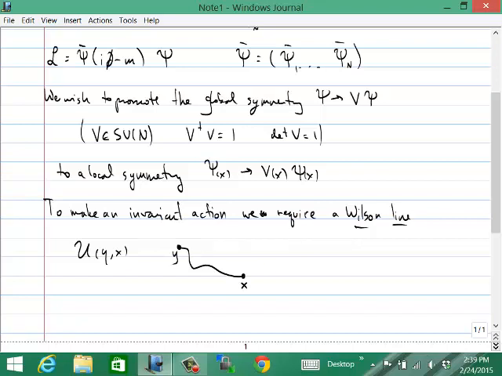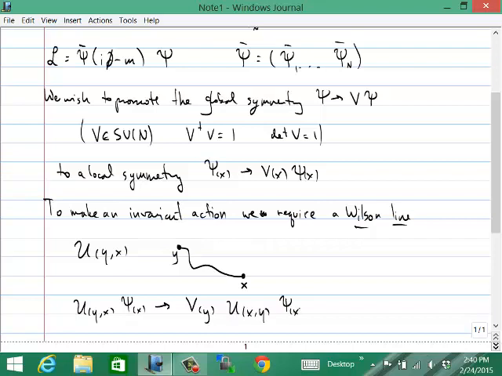And that has the property that if you take U(y, x) and you multiply it by psi of x, you're going to get something that transforms as if it were sitting at point y instead of at point x. Okay? So it should have the property that U(y, x) psi of x, under a gauge transformation should look like it lives at point y instead of at point x.